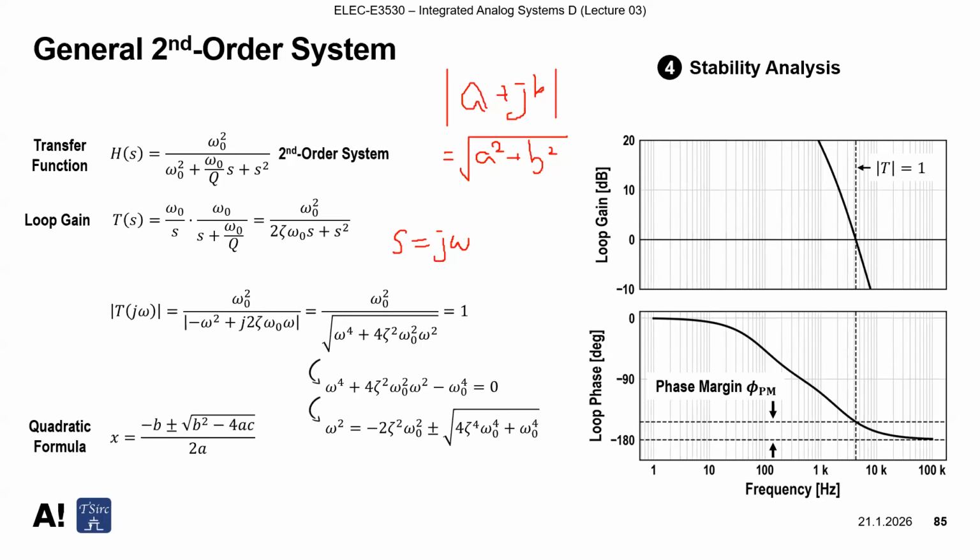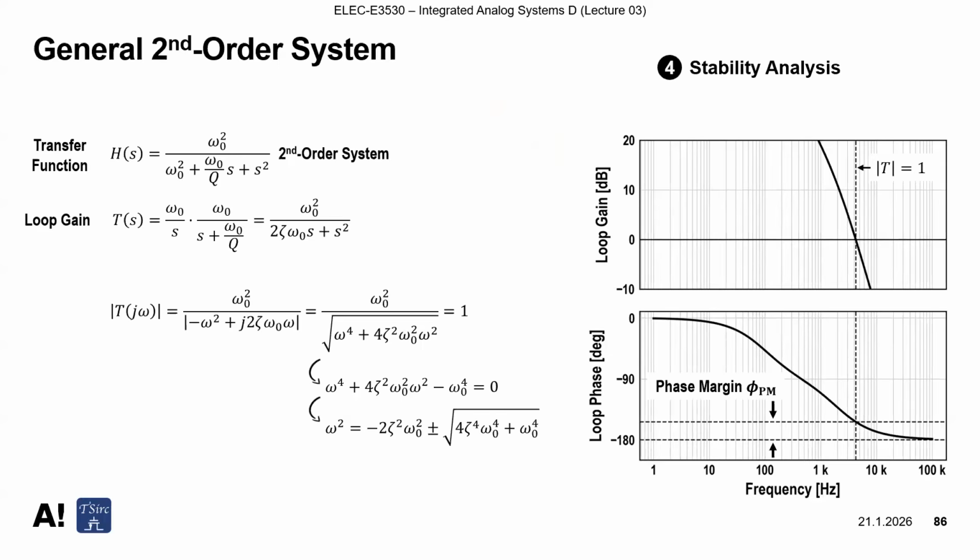We have omega square equal to minus b over 2a. So that means 2 times zeta square, something. The rest of the terms are beta square minus 4ac, and we have a plus-minus sign here. And then, there's a difference, right?